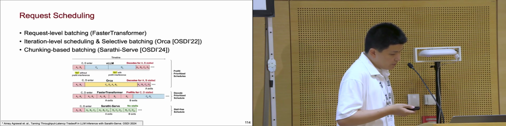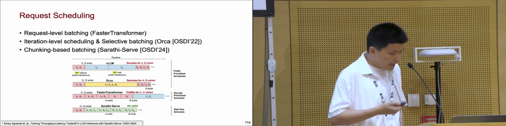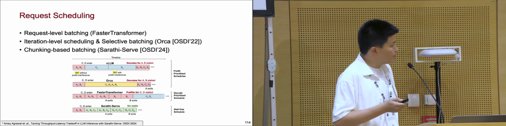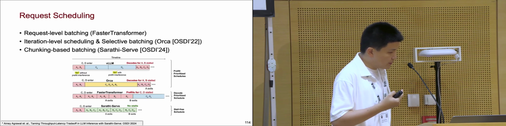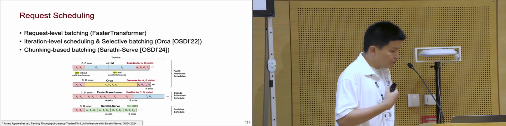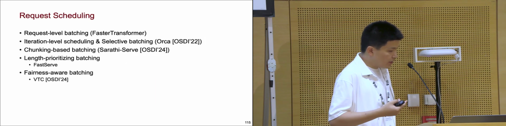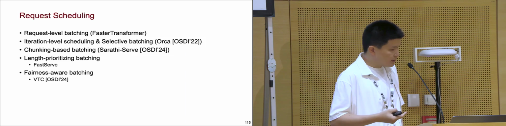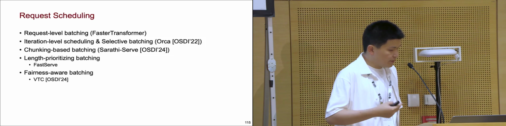Sarathi-Serve splits the input prompts into uniform chunks and piggybacks the chunks with other requests' decoding iterations if possible. This figure shows a clear comparison of these three methods. As we can see, FasterTransformer, which is a naive scheduling policy, will block all newly arriving requests until all previous decoding phases have finished.